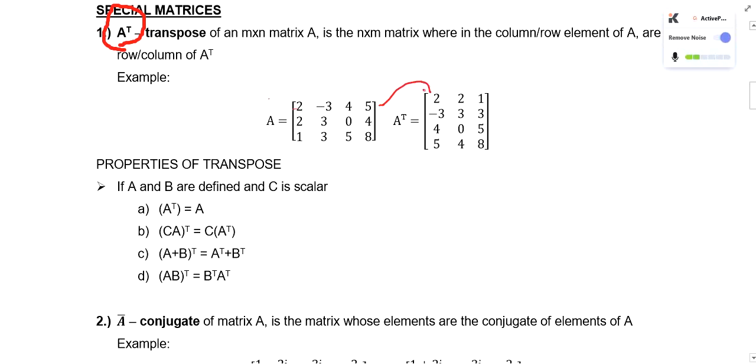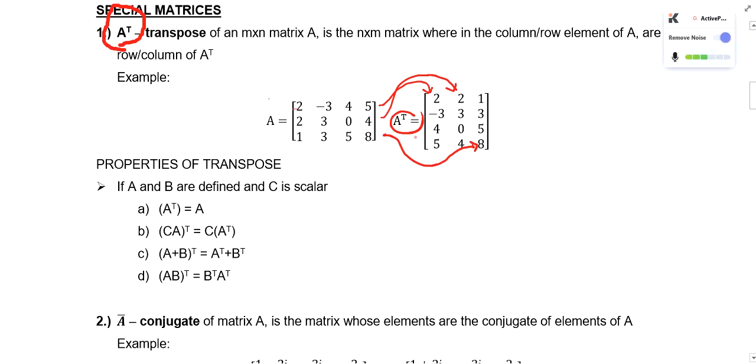Yung ating row 2, yan yung magiging second column ng ating transpose of matrix A. And then yung third row, yan yung magiging third column ng ating transpose ng matrix A. So yan yung ating transpose of matrix A.